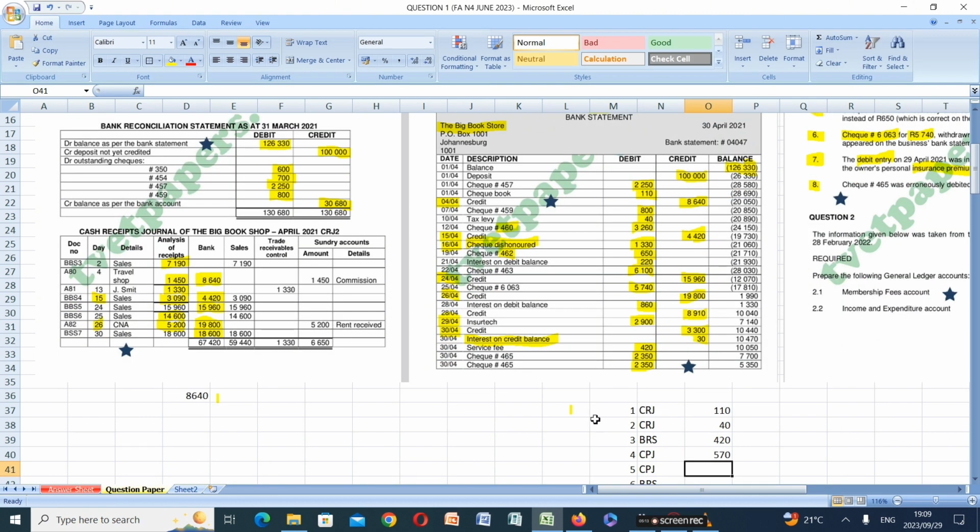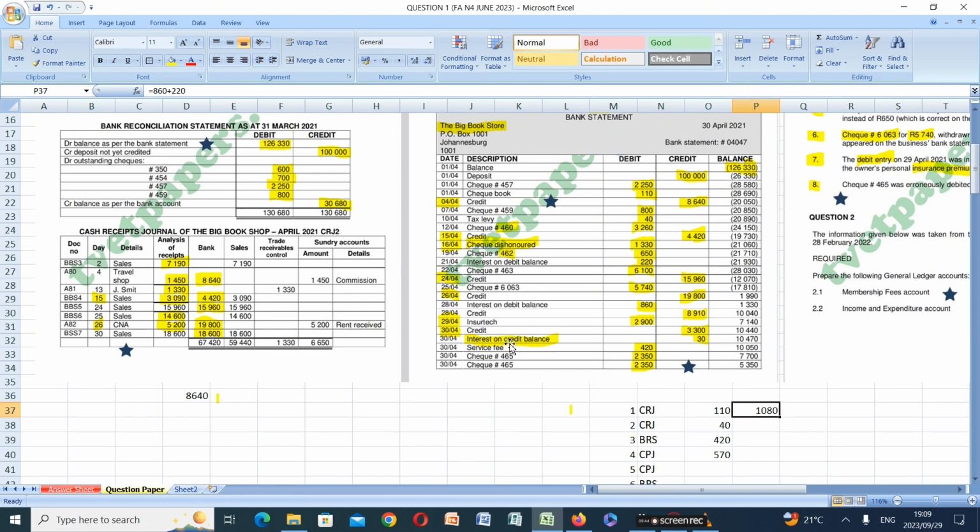Let's just add the two amounts: 860 plus the 220, which is equal to 1080. So when we add the two amounts, we get a total of 1080.